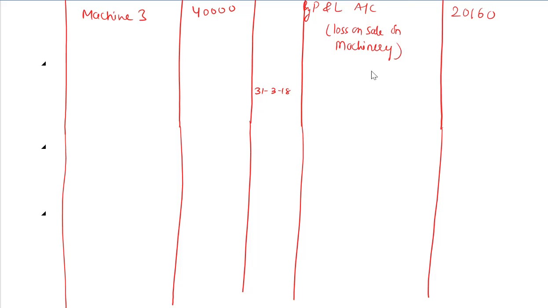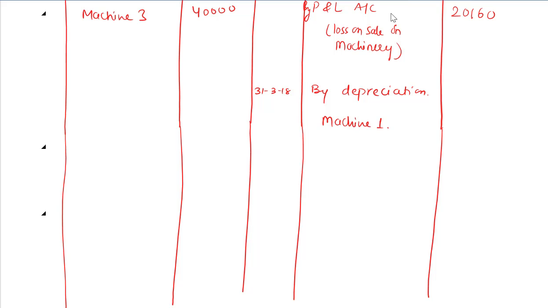Now calculate the depreciation on the rest of the machines. Just write 31st of March 2018, by depreciation on the remaining machines. Calculate depreciation on machine 1 first using the straight line method.